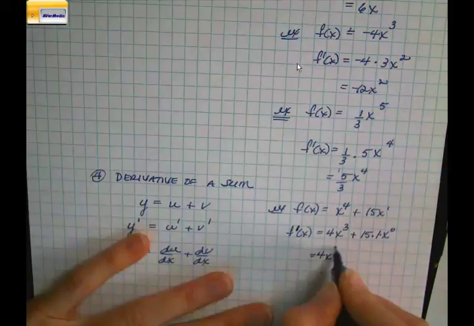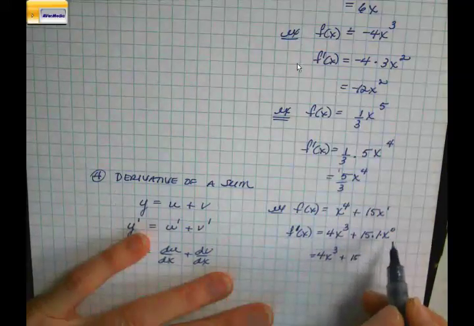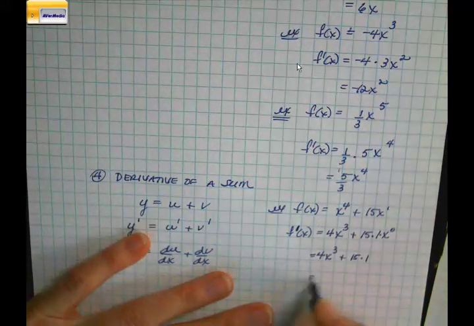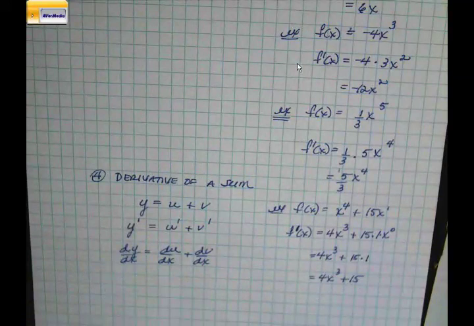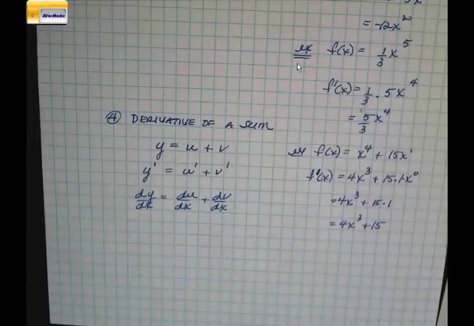So this becomes 4x cubed plus 15 times 1, so this is just 4x cubed plus 15. We do that so naturally that I forget that we're even applying the rules. You'll get to the point where you'll forget that you're even applying a rule.